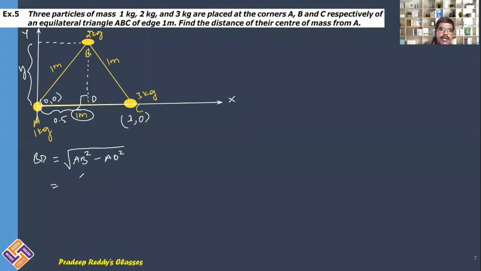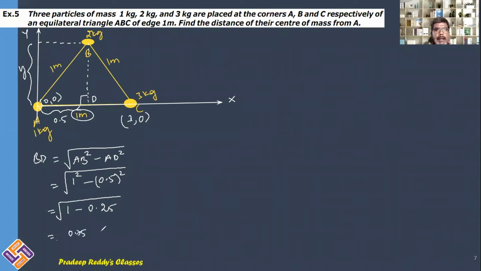AB square is 1 square minus AD square, 0.5 whole square, under root. This is 1 minus 0.25 under root, which is equal to under root 0.75. So we have got BD, which is under root 0.75, that is the y value.